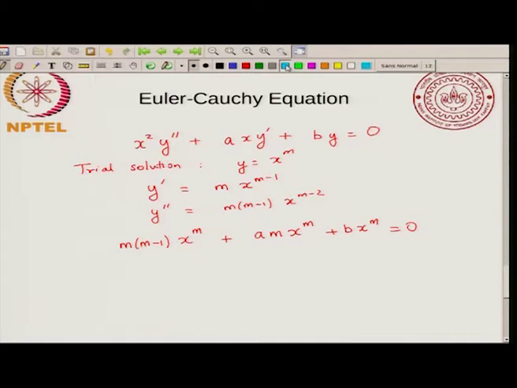By doing this you can see that you can cancel the x raised to m. So, just as in the last case you get an equation m into m minus 1 plus a m plus b equal to 0. This is a quadratic equation in m.